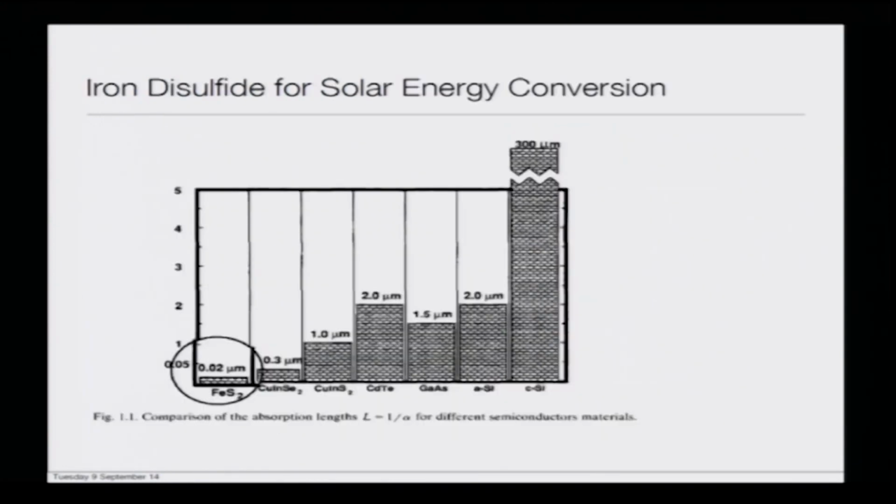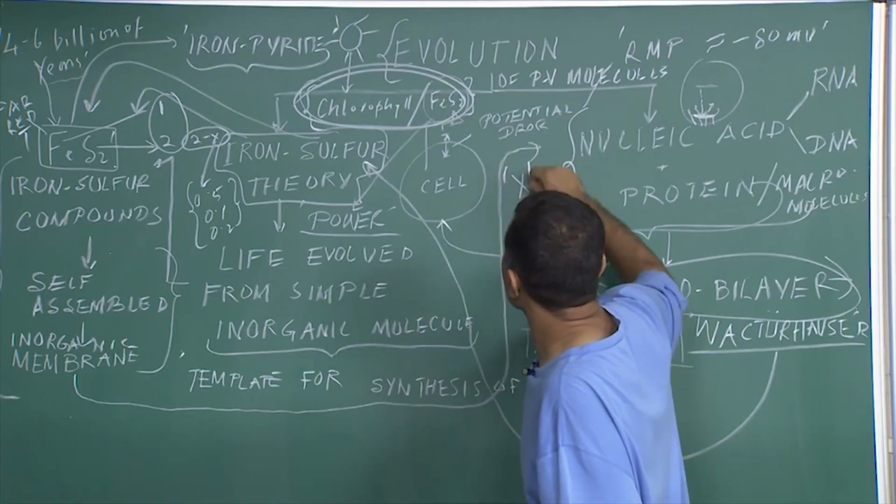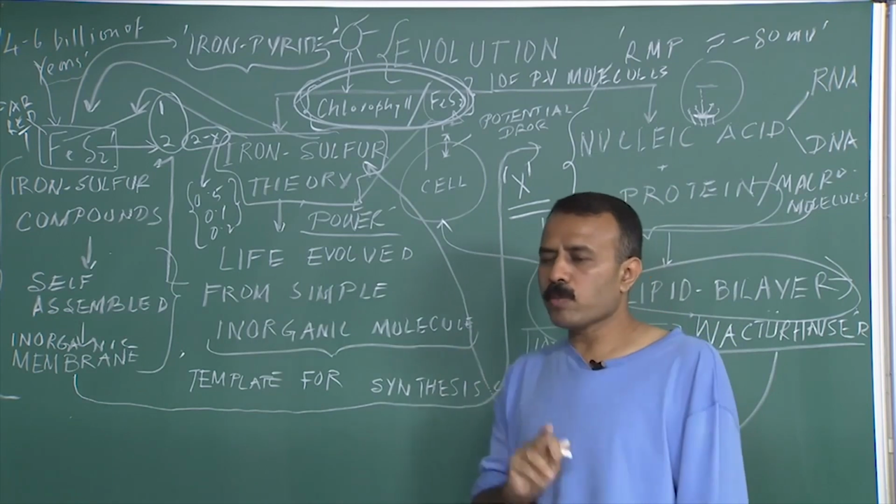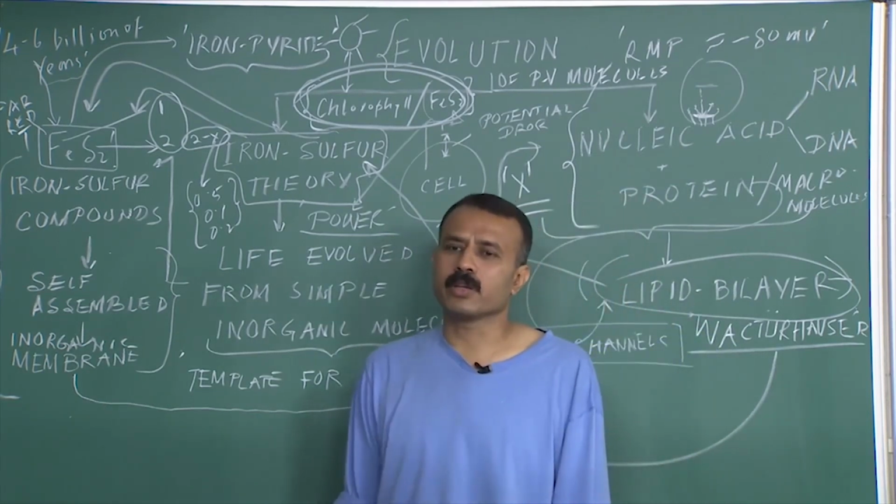Okay. Now, if you look at the solar energy conversion ability of FeS2, this is a comparison. If we assume in this graph an equal amount, say you want to produce x units of energy, how much relative material will you need?